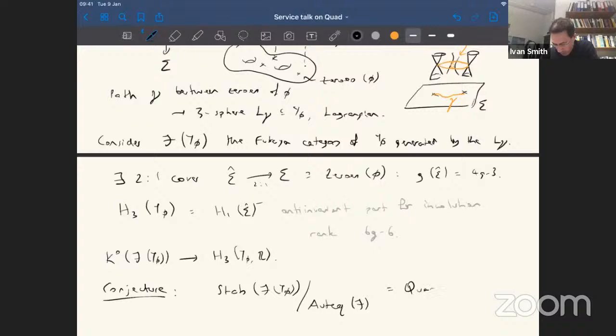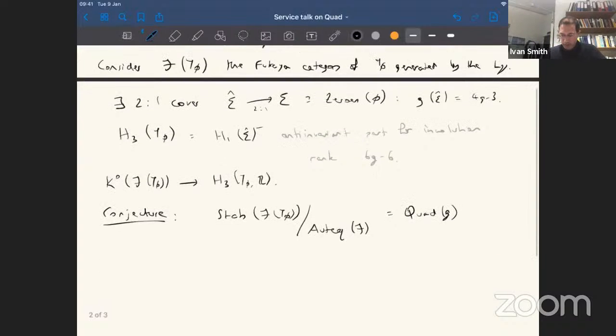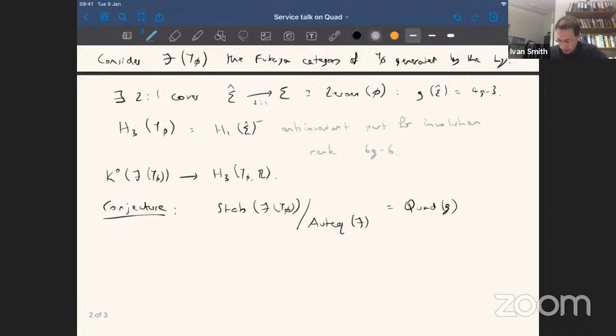Maybe I'll call that Quad_g. This forms an open subset in some vector bundle V over the moduli space of curves, where the fiber of V at some curve S is just H^0 of K_S squared.